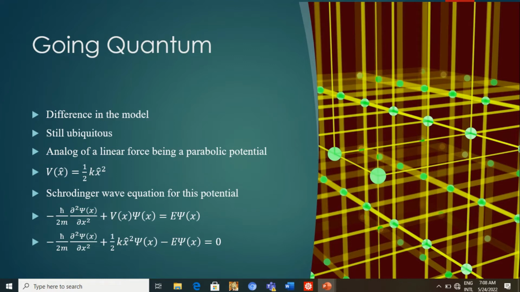So, going quantum actually rectifies the problems that we face while working in a classical domain, because quantum realm is much different from the classical realm. It's highly non-intuitive, and it uses a different model.